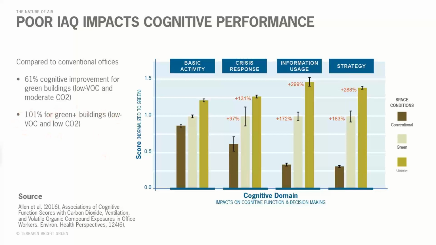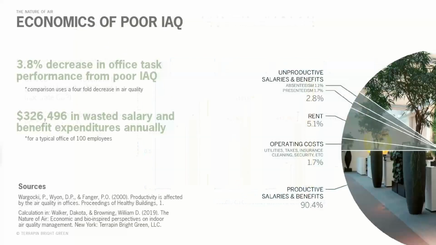Okay, and I want to show you one more slide. If you look at the economics of poor indoor air quality, and you're trying to get people back into the space, I'll be honest, you can say that COVID's going to go away, and it might. But we're going to get booster shots every year. What's the next virus that's coming along? Plus, we still have influenza and other things in the office.